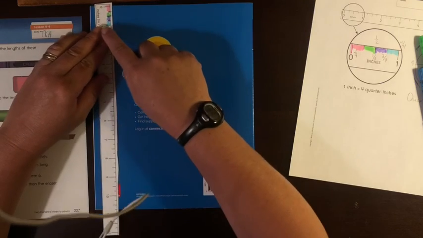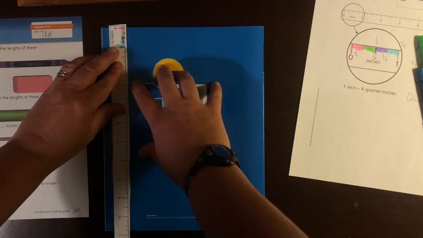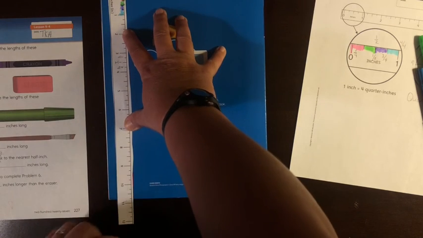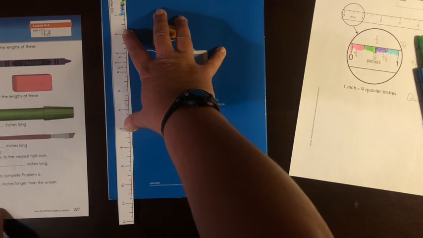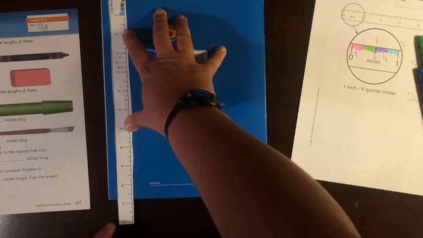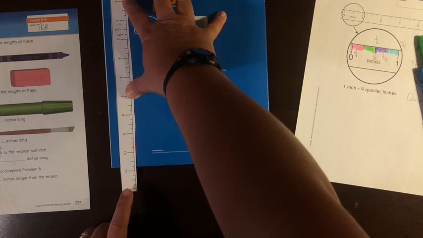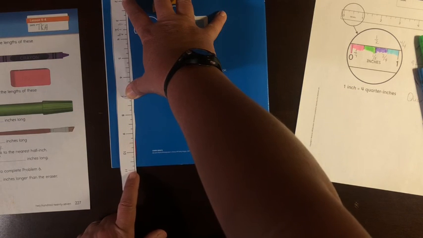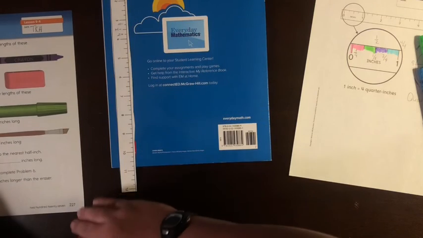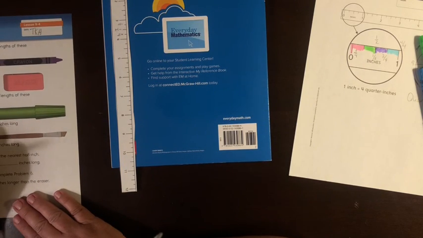So let's put the ruler on 0. And it goes all the way. We're going to measure to the nearest ½ inch is what it says. So here is 10 1/2. And then the next ½ inch would be 11. So our book is 11 inches long.